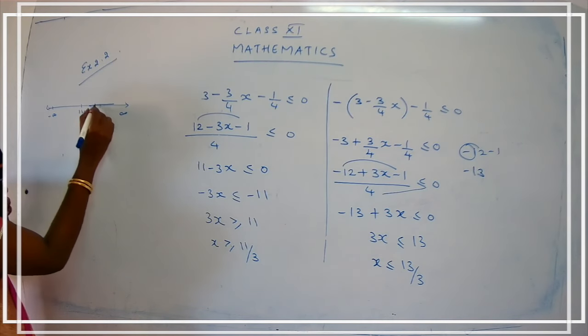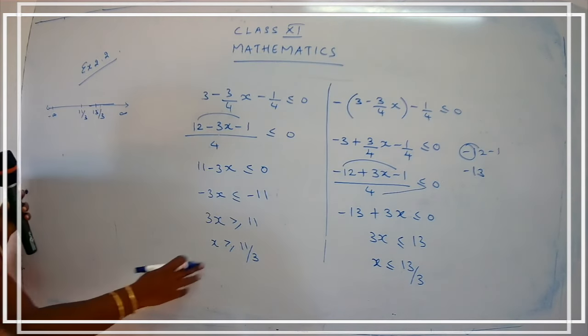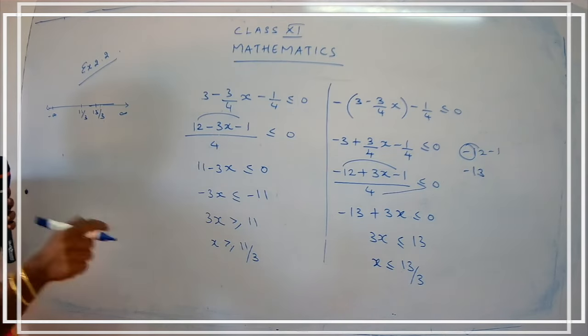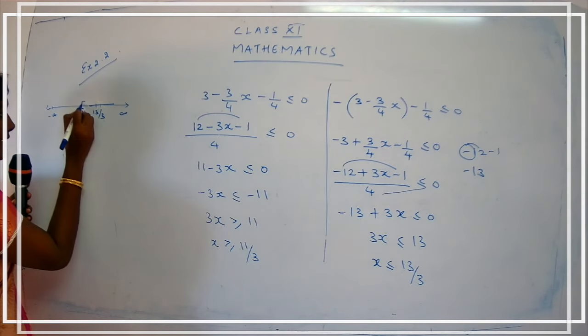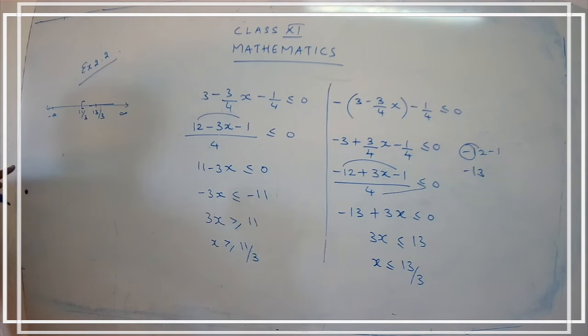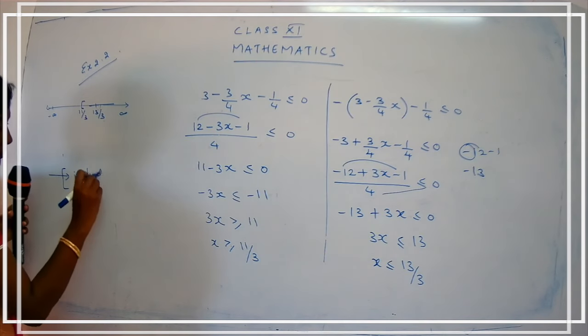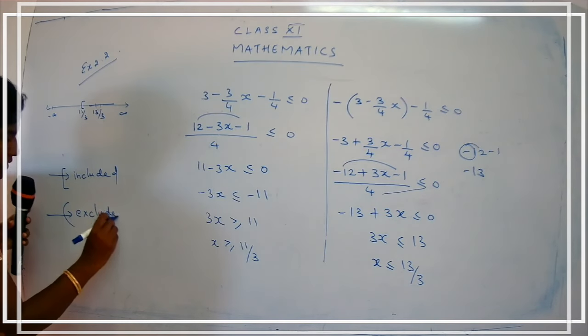So x is greater than or equal to 11 by 3. Greater than or equal to means you have to take this 11 by 3 and put a closed interval. Closed interval means the numbers are included. Open bracket means the numbers are excluded. Keep in mind.